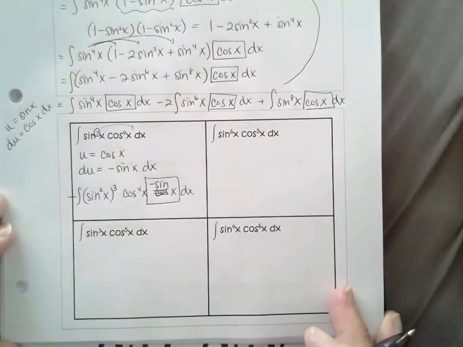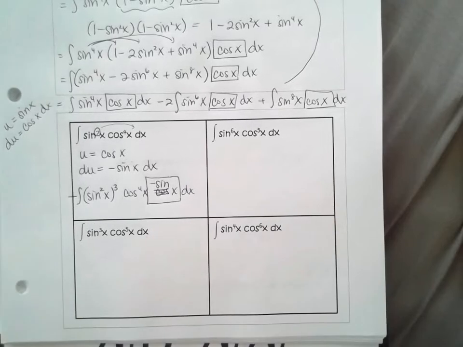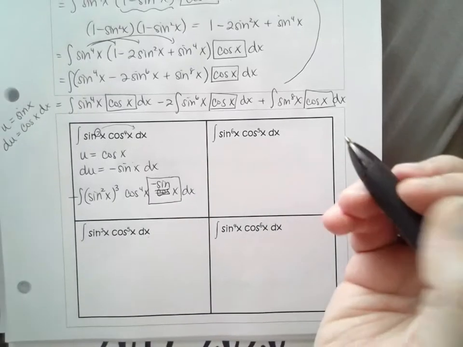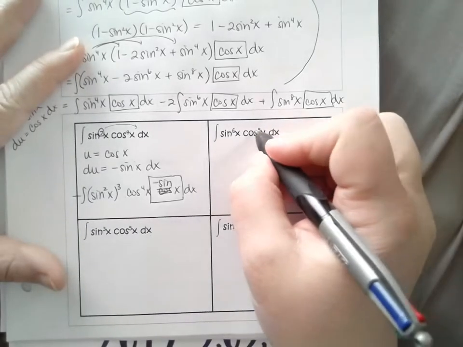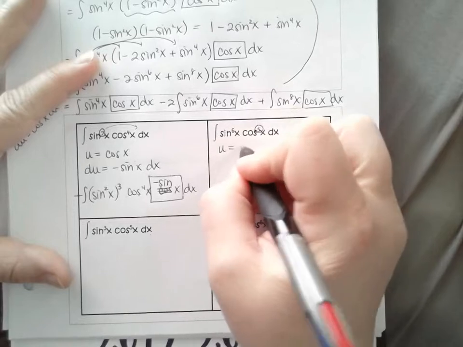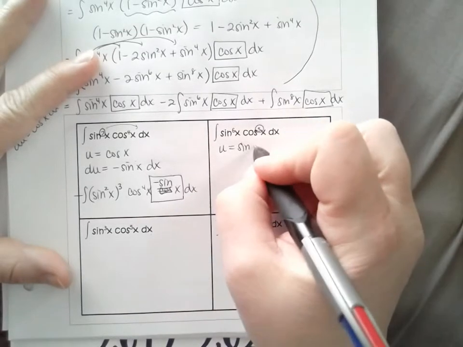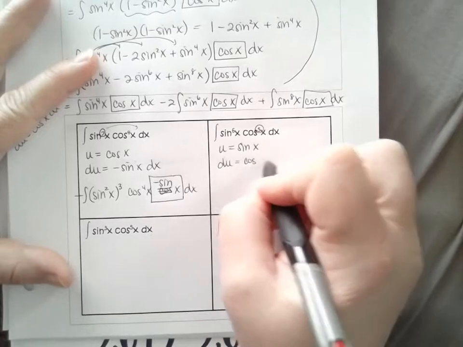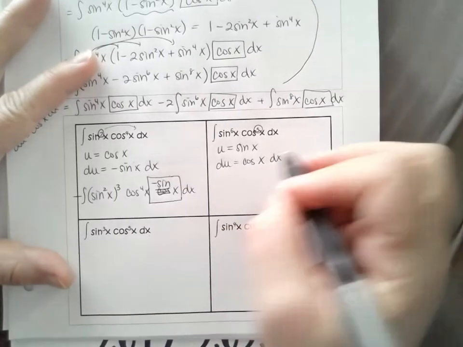Take a moment, pause the video, see if you can find the correct u's and du's for each of these. Now fill in my blanks. Cosine is odd, so I already know that sine is going to be my u. Cosine is going to be my du.